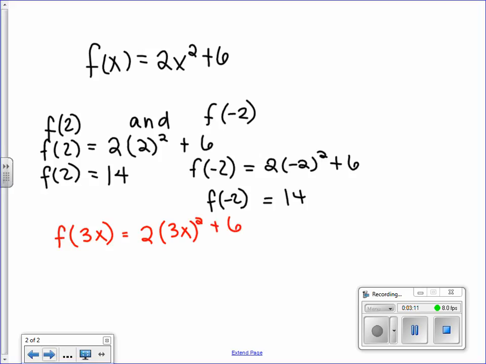So what's 3x, the whole thing squared? 9x squared, yeah. So that'd be 2 times 9x squared plus 6, or 18x squared plus 6. Put variables in there. I'll wait for the afternoon class, I'll make them do really ugly ones.